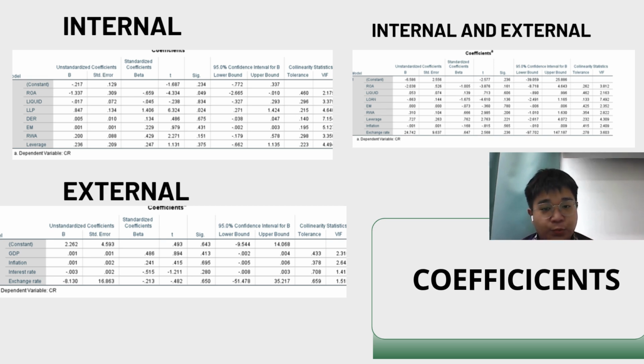For model 2, which is external, all of these independent variables do not have any influence on credit risk. For model 3, internal and external, none of these factors impacts CR, the dependent variable.